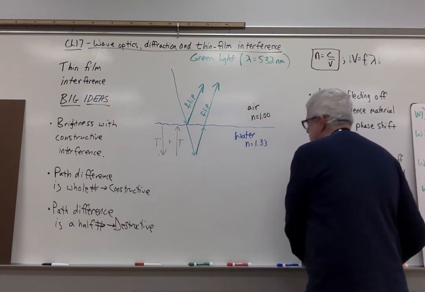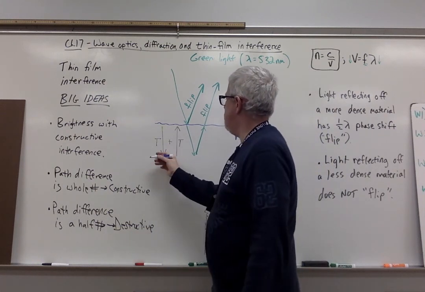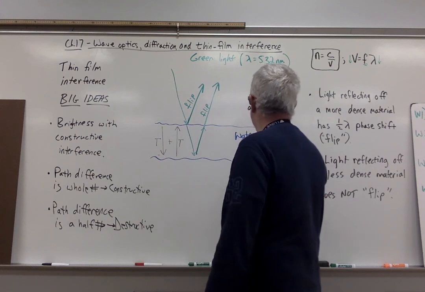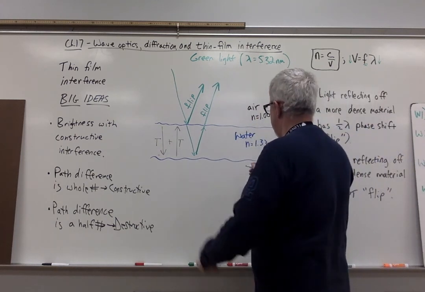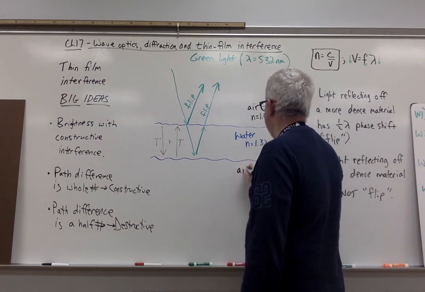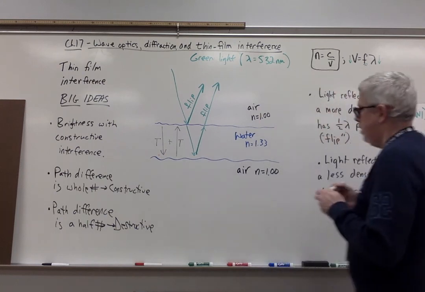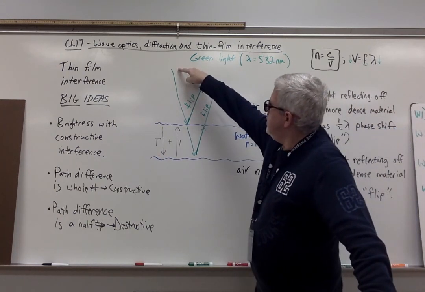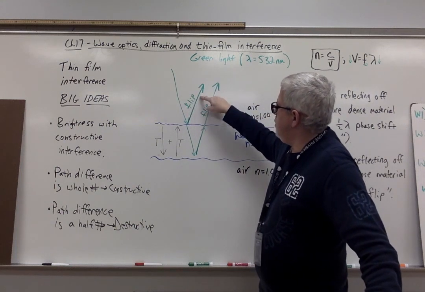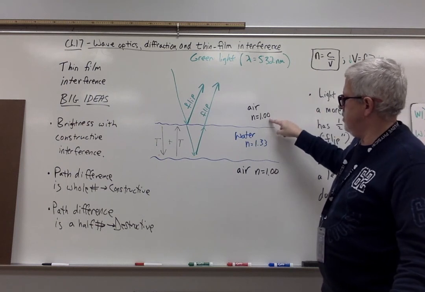Now let's say this is a bubble, and in fact, we've got just a layer of soapy water. So let's say this is back at air again, 1.00. So if it's air, well, I've got this one reflecting off the water. It's still going to flip because this index of refraction at the interface is higher than this.